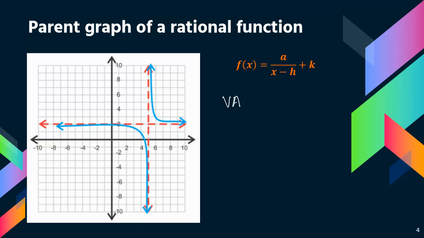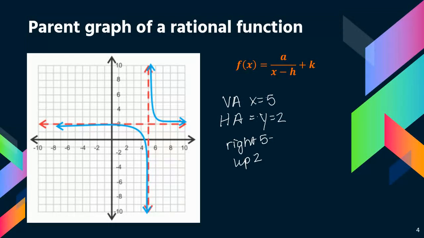This one has a vertical asymptote at x equals 5 and a horizontal asymptote at y equals 2. So I can tell right away that this graph has moved to the right 5 and it has moved up 2. It doesn't appear to have stretched at all.